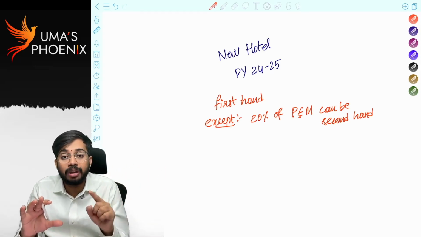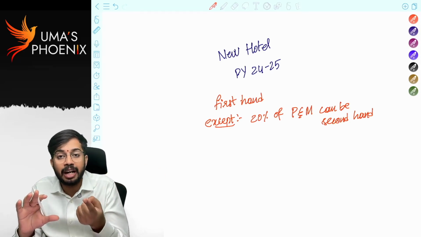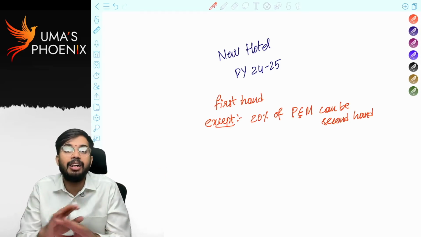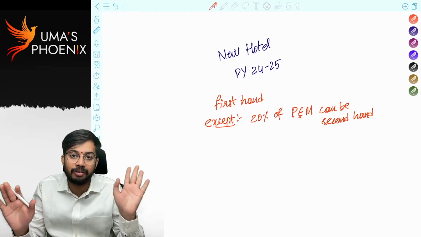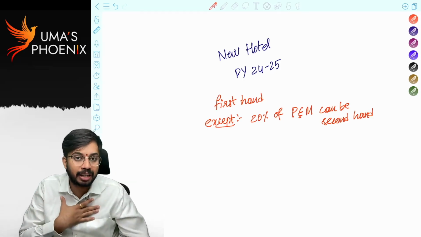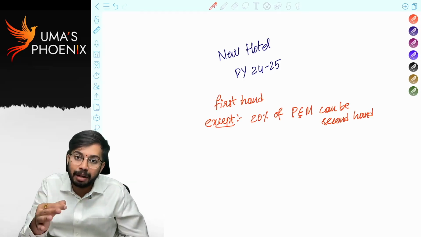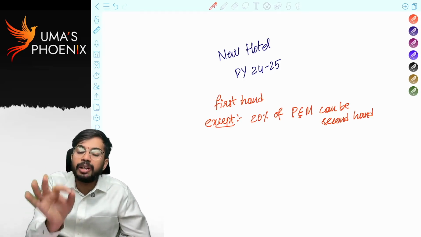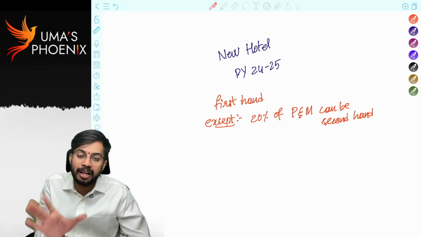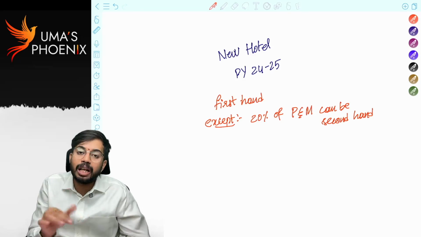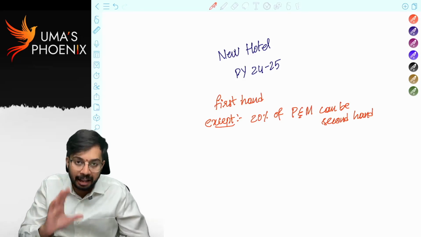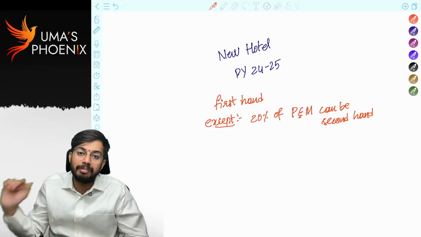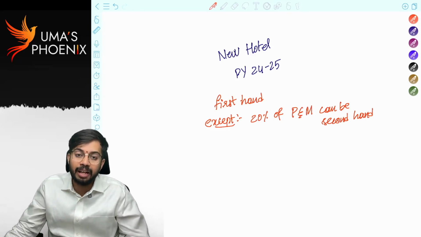If more than 20% of plant and machinery and furniture is second hand, then I cannot claim deduction under section 35 AD. So if I want to claim deduction under section 35 AD, maximum I can purchase only 20% of plant and machinery and furniture as second hand. If I purchase more than 20% as second hand plant and machinery, then I am not eligible to claim deduction under section 35 AD.